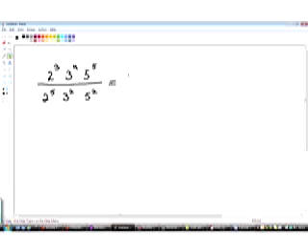The key to this question is that you group the 2's together, you group the 3's together, you group the 5's together.